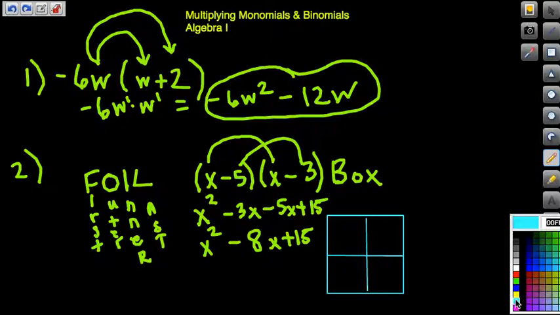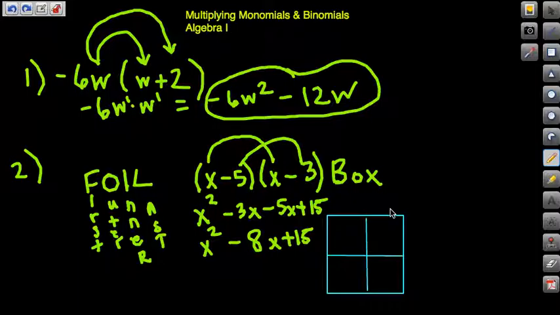So I'm going to show you that in a different color because my other one kind of ran into that box. Too many colors to choose from.